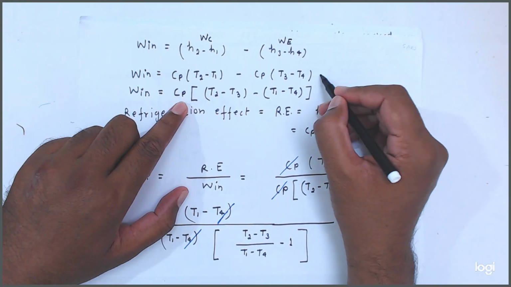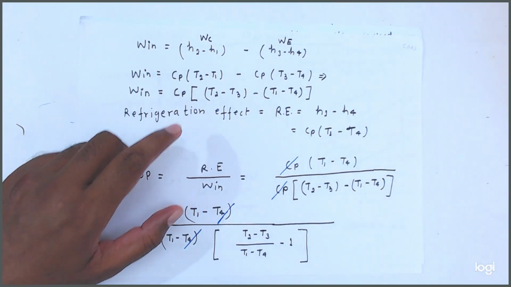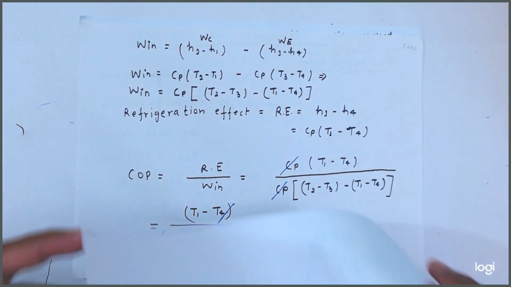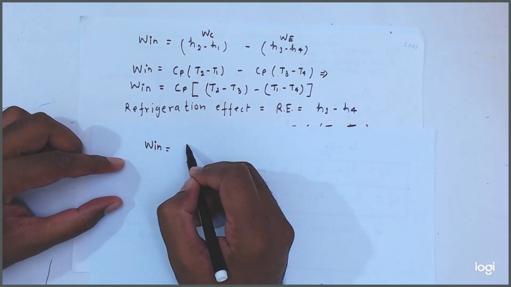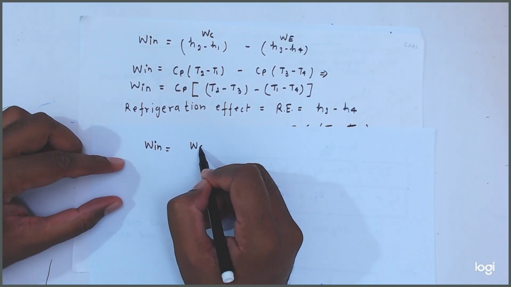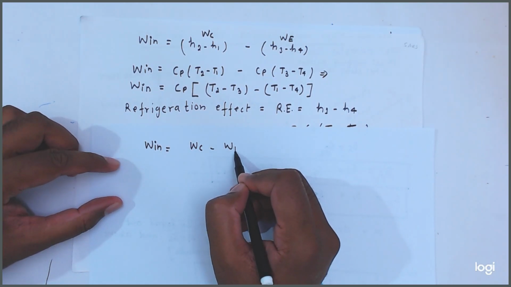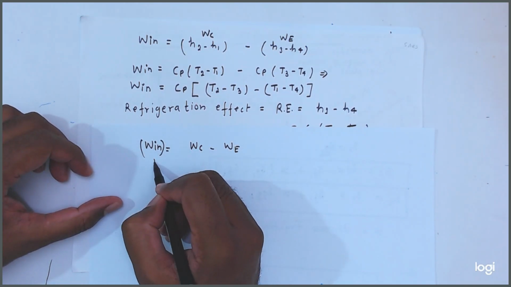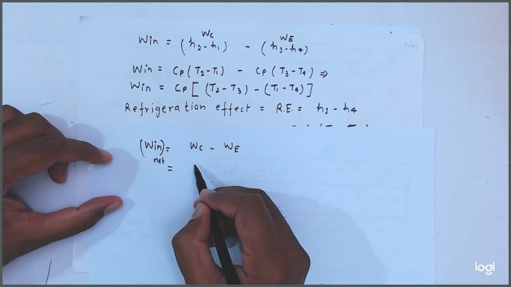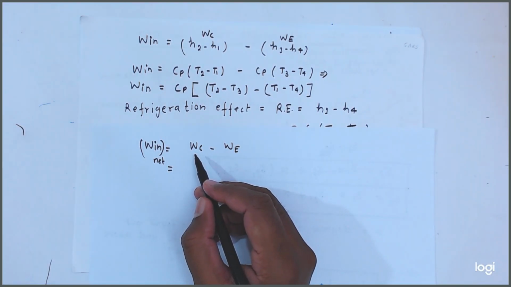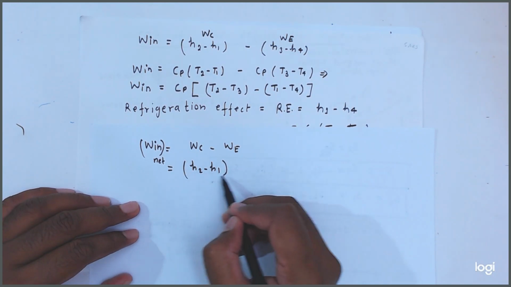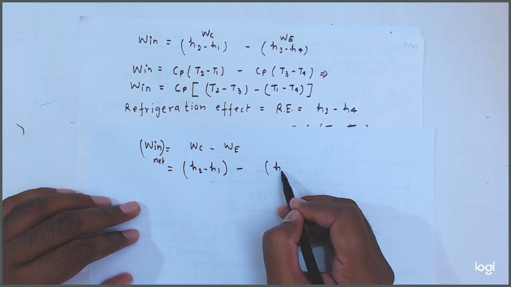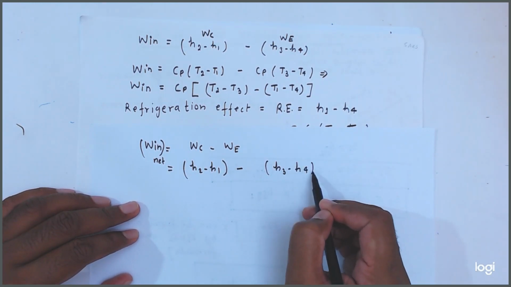See here, work input is equal to the work done in the compressor minus the work done in the expander. This is the net work done. We know that work done is H2 minus H1 in bracket, minus H3 minus H4.